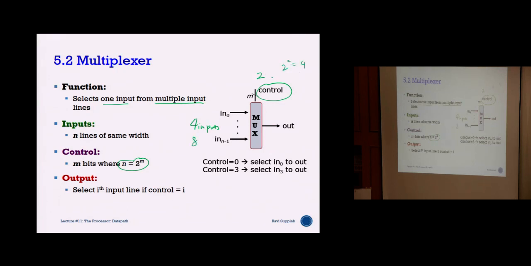If I have 8, then it must become 3, and so on. So the number of control lines, raised to the power of 2, tells how many inputs I can support. Based on the control line, I select which one goes out. At any point in time, only one of them is selected to go through. So that is the idea of a multiplexer.